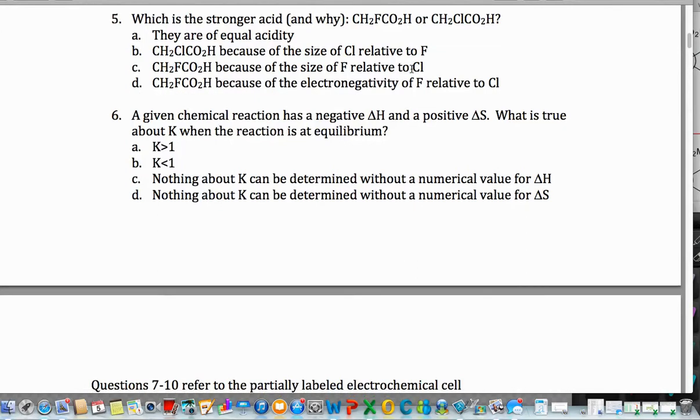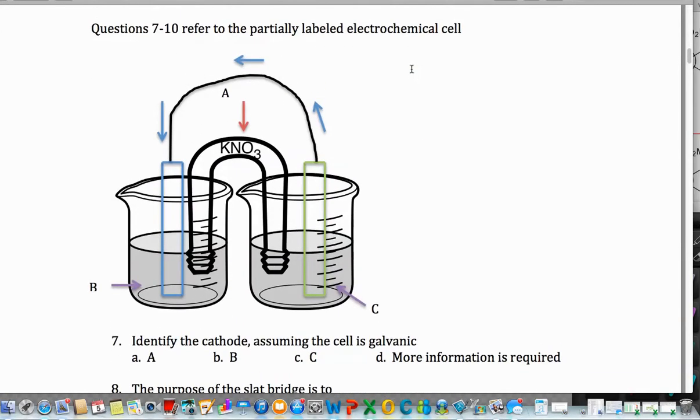All right, moving on to number 7. We want to look at our electrochemical cell, and we see that we have a KNO3 salt bridge. We see the electrons are moving away from the electrode to the right towards the electrode to the left. What's important about that is that we learned this year that the electrons move from the anode towards the cathode.